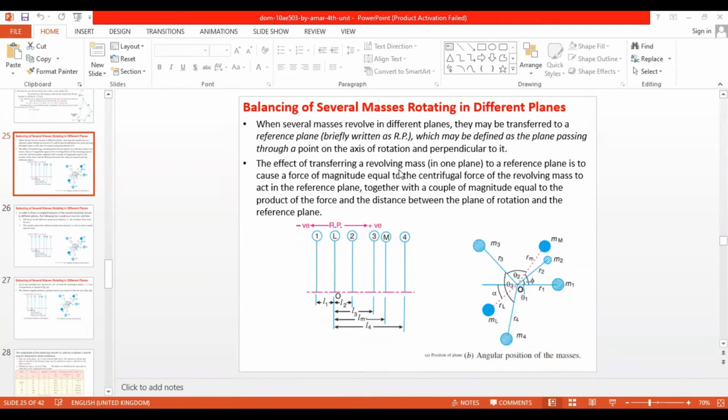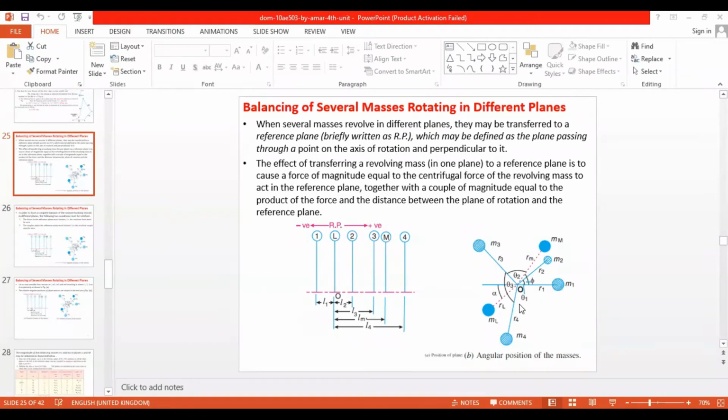The effect of transferring a revolving mass in one plane to a reference plane is to cause a force of magnitude equal to the centrifugal force of the revolving mass to act in the reference plane, together with a couple of magnitude equal to the product of the force and the distance between the plane of rotation and the reference plane. We will choose one plane as the reference plane and place the balancing mass there, which will satisfy both the couple as well as the force.